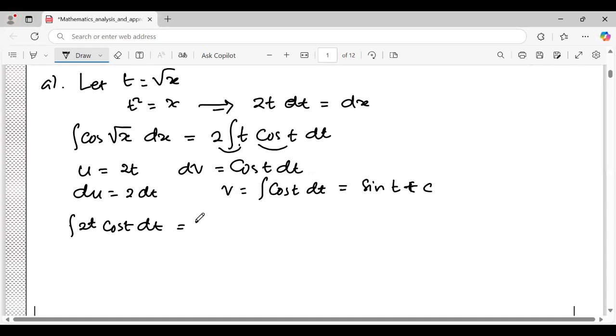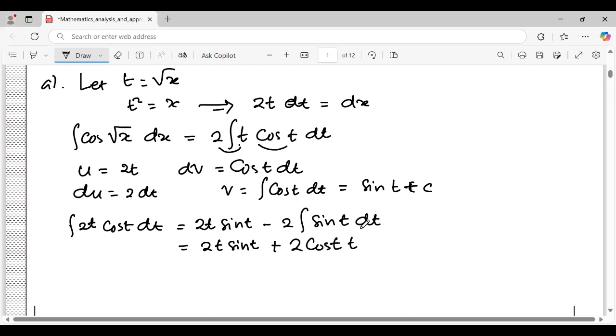We can write this as 2t sine t minus 2 integral sine t dt. This comes to 2t sine t minus 2 times the integral of sine, which is minus cosine, so it becomes plus 2 cosine t plus c.